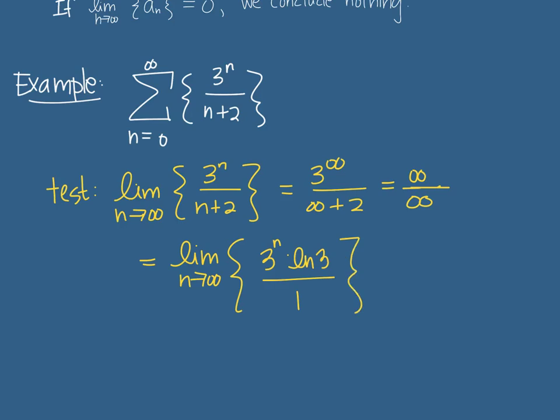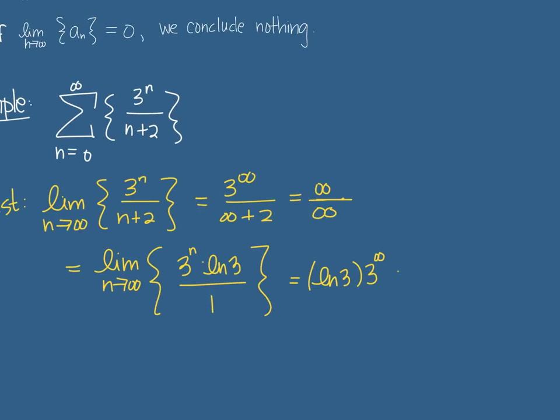We can put infinity into that. We get the natural log of 3 times 3 to the infinity, which is infinity, which isn't 0. And as long as it isn't 0, then our conclusion can be that this is divergent.